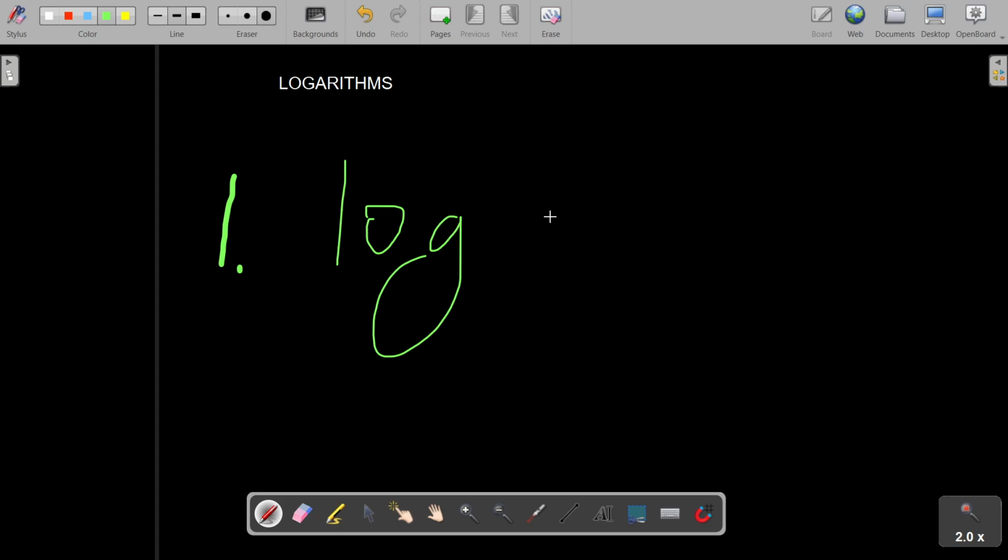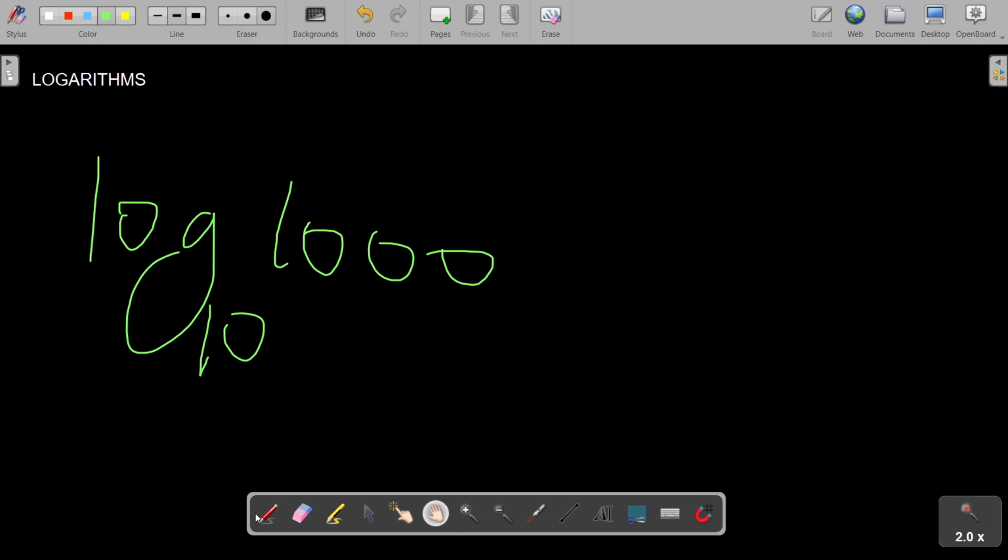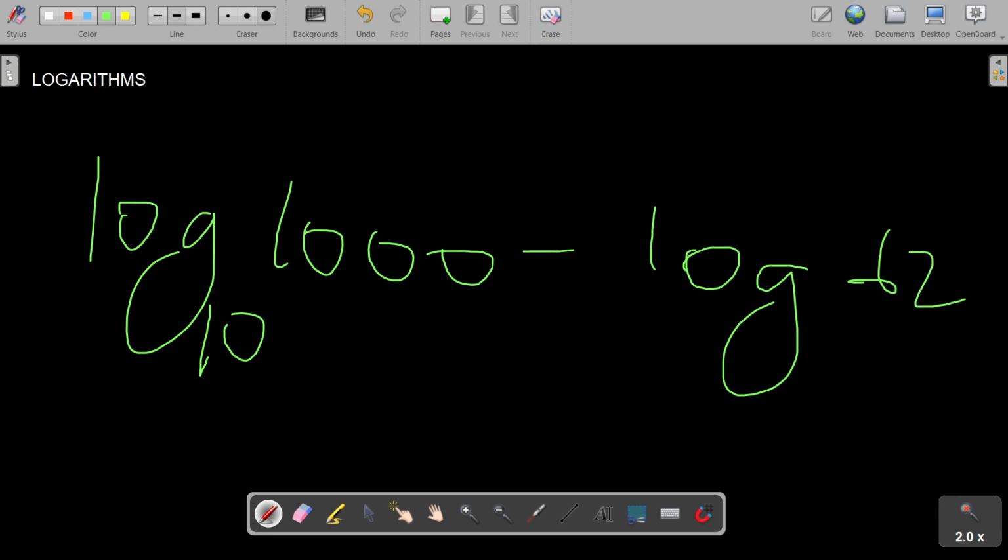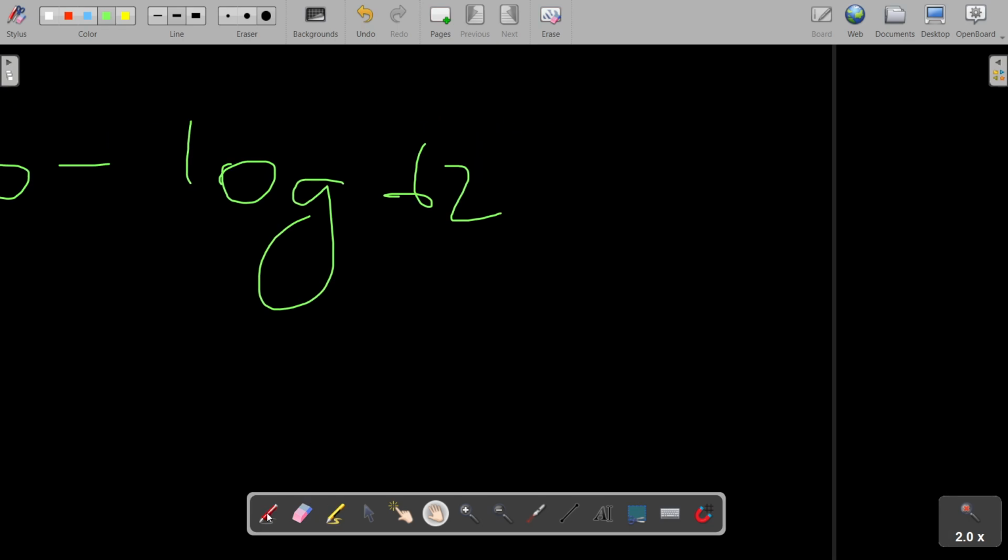Let's say I'm taking log 1000 base 10 and I'm subtracting log 625 base 25.